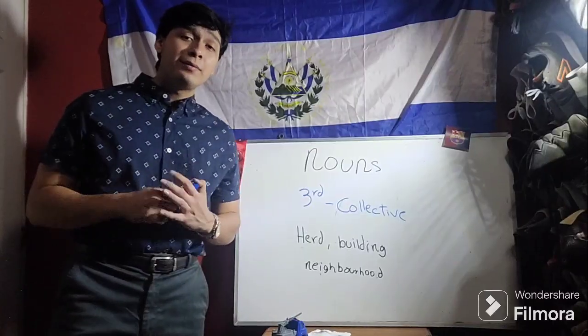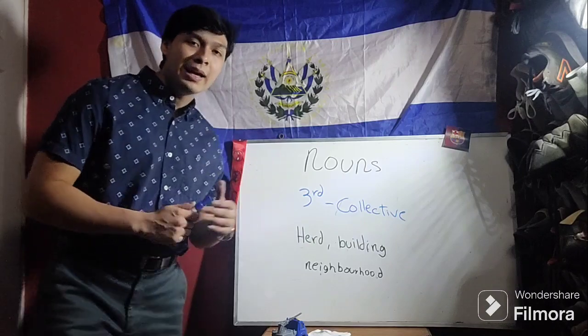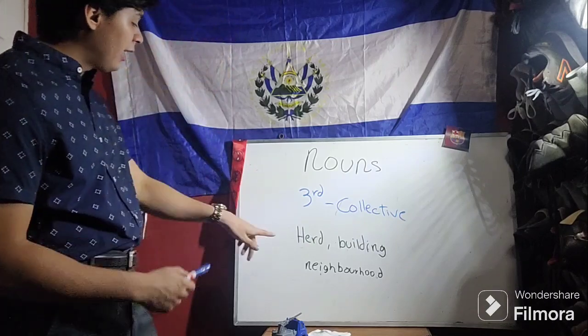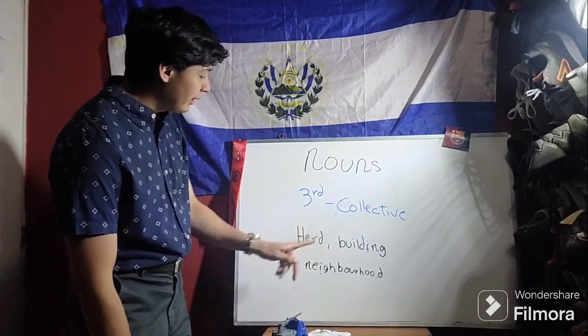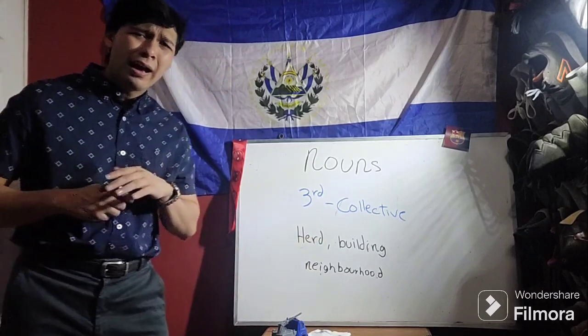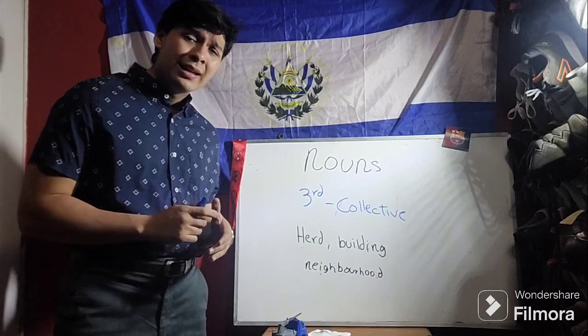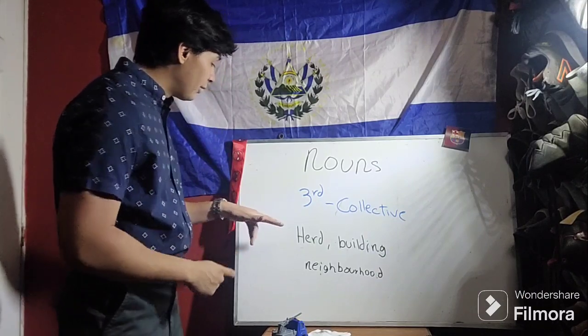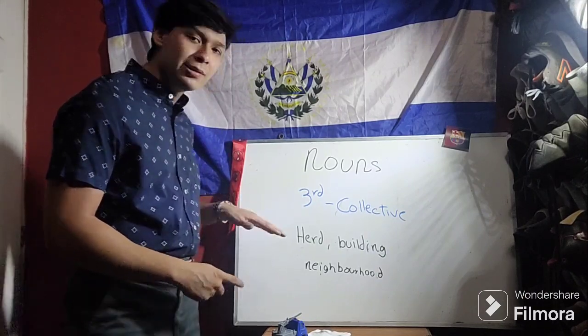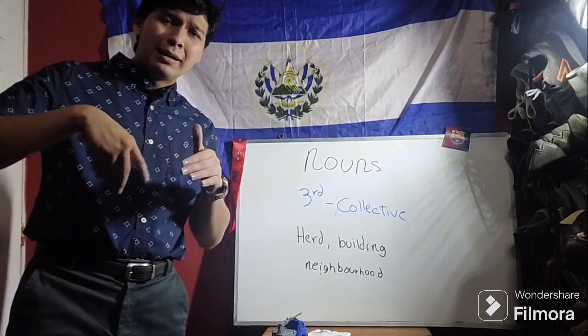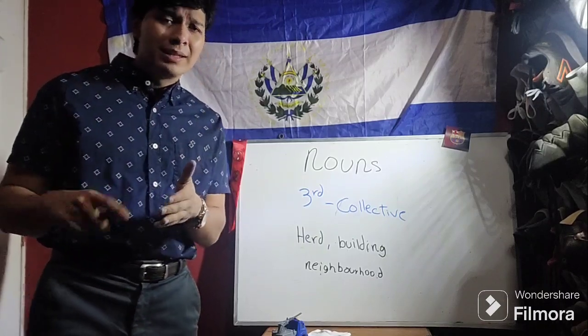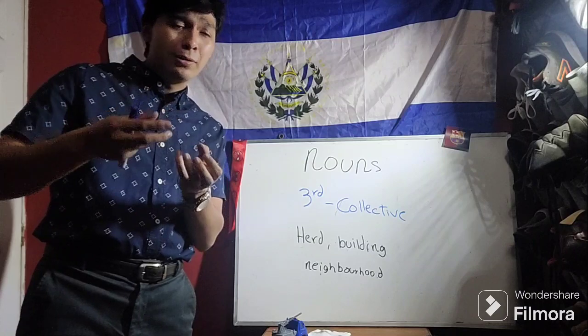The next classification is the collective noun. The third classification we have is collective noun. Here we have the words herd, building, and neighborhood. A very simple way to identify collective nouns: herd means a group of, like a herd of sheep, a group of sheep.